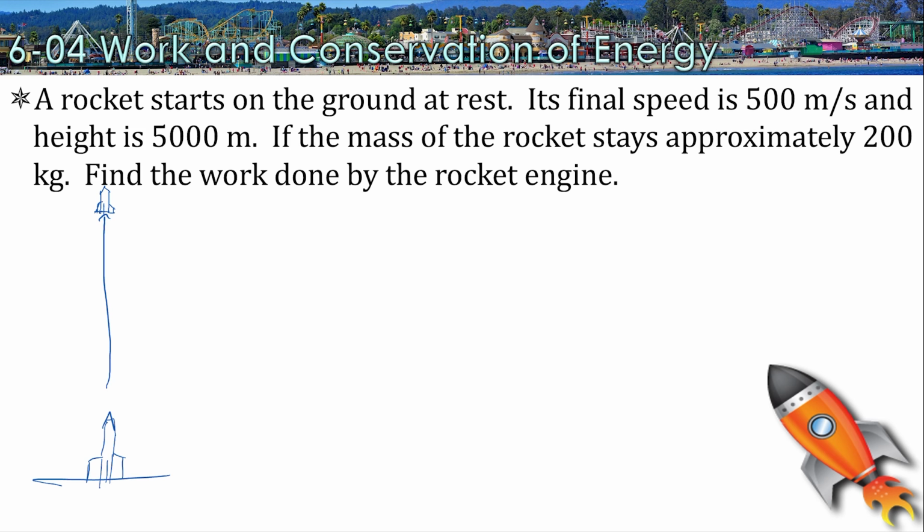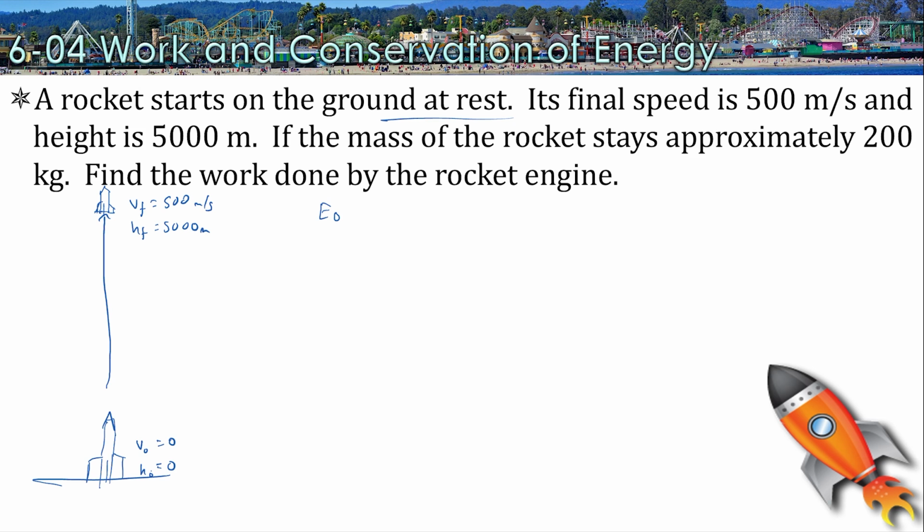So the final speed is 500 meters per second. The final height is 5,000 meters. So our initial height, let's say, is 0, and our initial velocity is 0, because it starts at rest. Find the work done by the rocket engine.